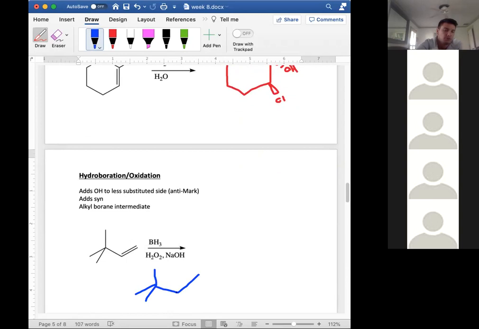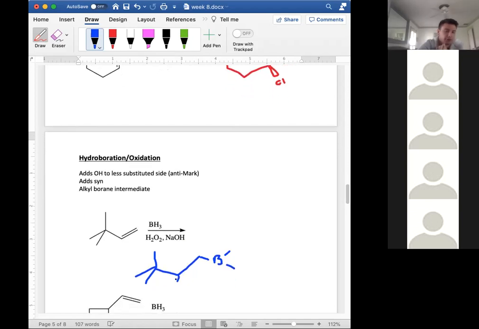So you have an OH being added to the less substituted side, but your intermediate looks something like this, right? Your borane, right? You added your hydrogens, right?